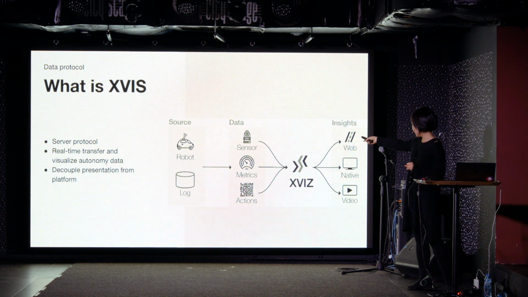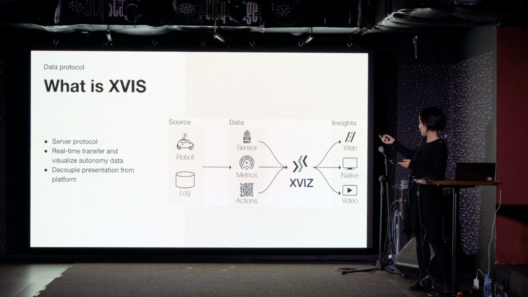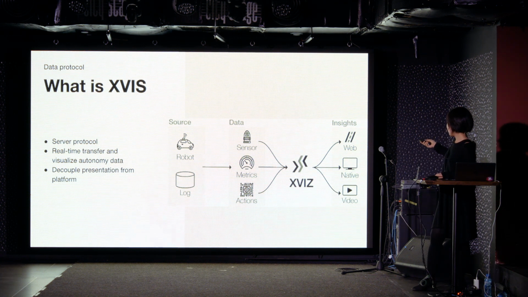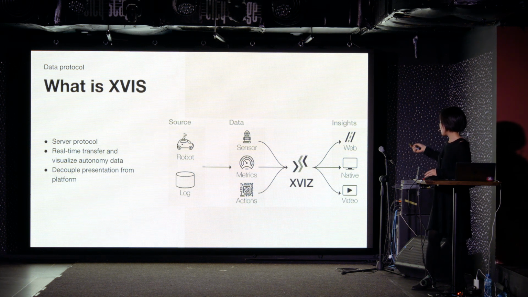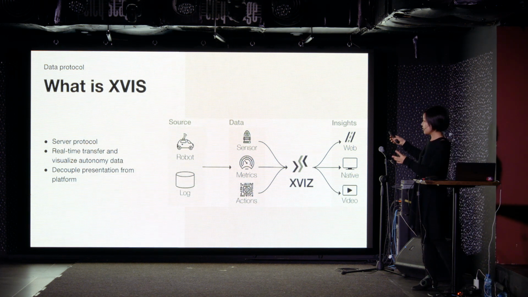As you can see on the left side of the image, you have the data source, which is a robot, in this case a vehicle, where all the sensors are attached and the data is recorded. You have this log system, and you record data from sensors, from the metrics in the car, and from the actions the car is taking, and put it in an AVS format.